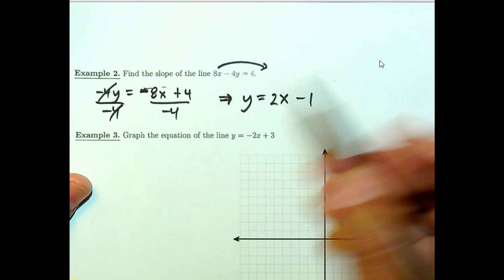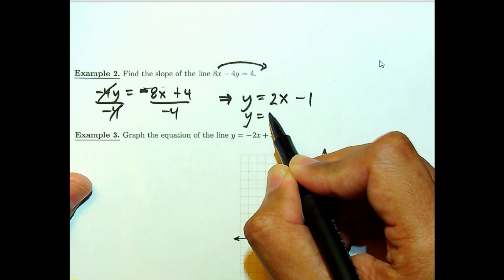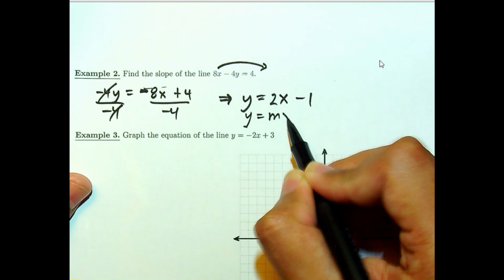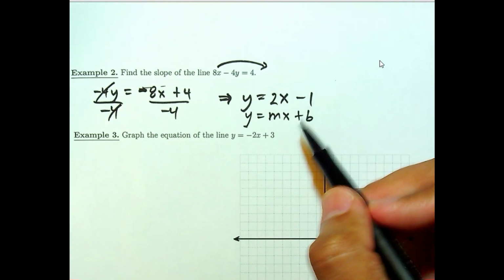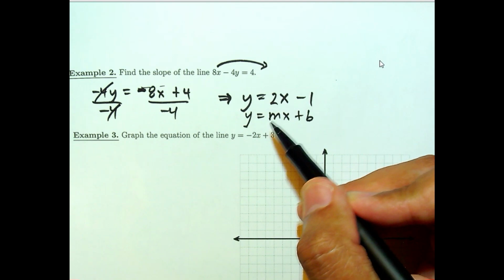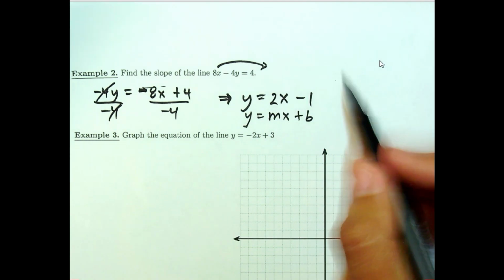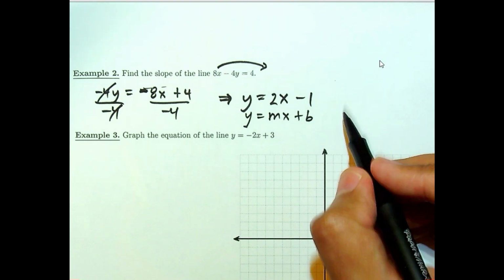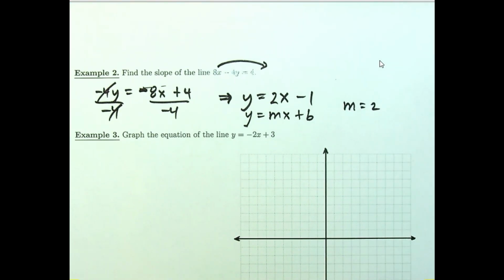And now, comparing with the slope-intercept form, that means the m has to be 2 and the b is negative 1. We're looking for the slope, which is the m. So that means the m equals 2. That's the answer.